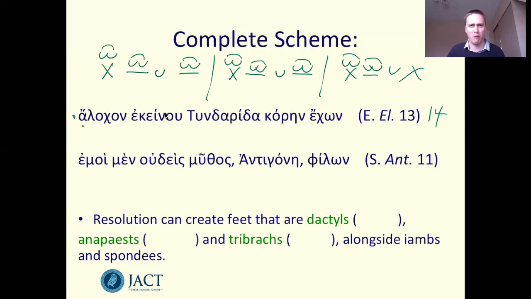I don't know whether the alpha is long or short. In the second element, I'm expecting a long syllable. But here, I find in the second syllable here, I have an omicron, and it's only followed by one consonant, which must mean that this syllable is short. So I'm already thinking, yeah, I must have an instance of resolution in the first foot here.